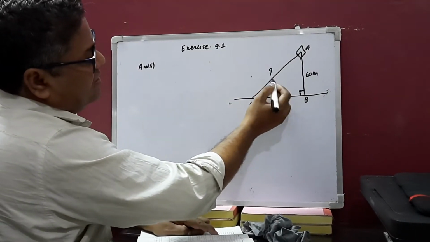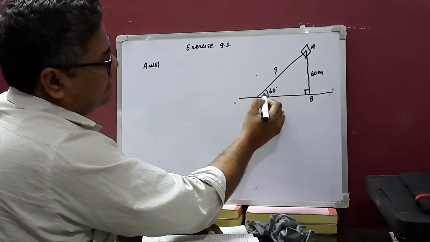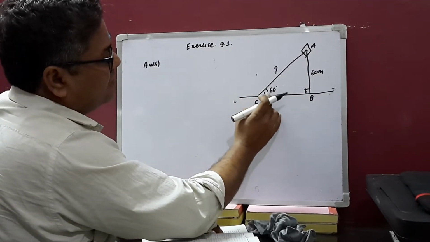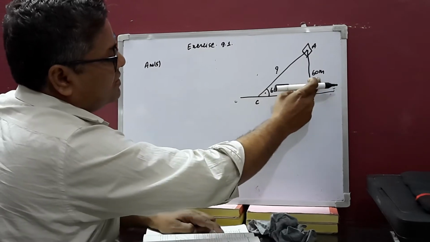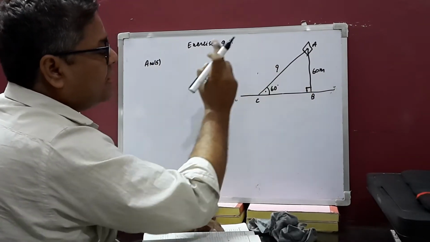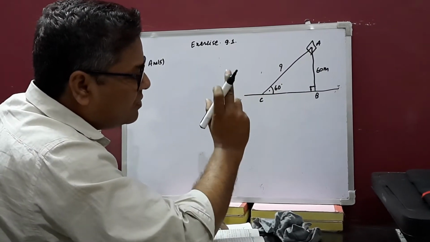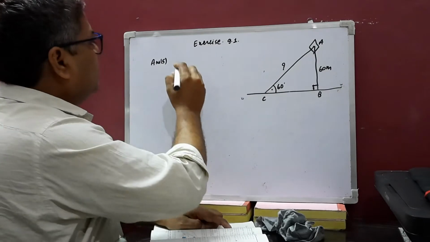So which trigonometric ratio is applied here? This angle is given to you. Therefore for this angle, this is the perpendicular and this is hypotenuse, and perpendicular and hypotenuse are related by sine theta. Therefore you will take sine theta.